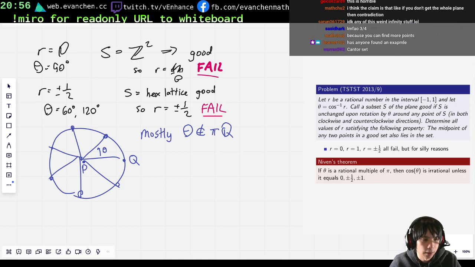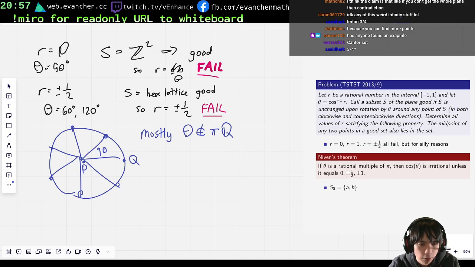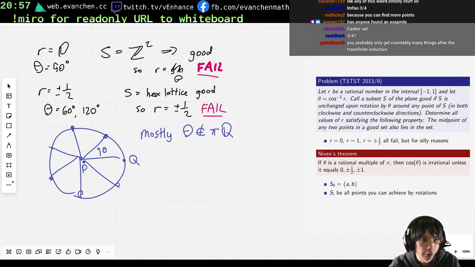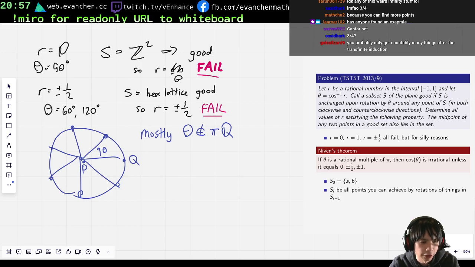And the reason is that you can define a set as follows. You let S2 consist of 2 points, and you let Si be all points you can achieve by rotations of things in Si minus 1. So you start with 2 points, you add in all the points you need to, then you add in all the points you need to, and so on.